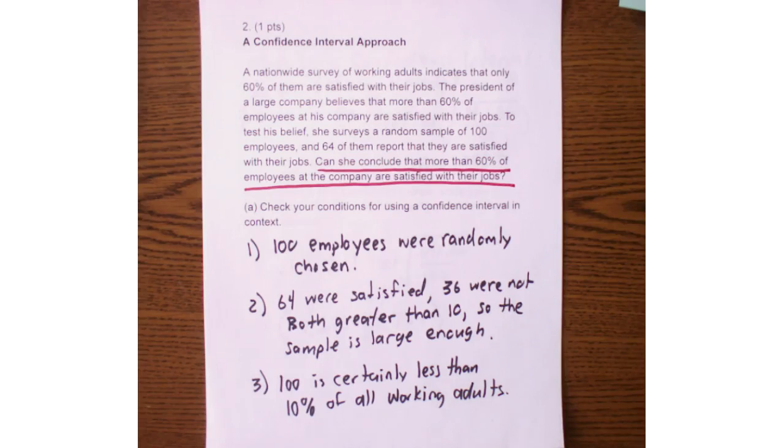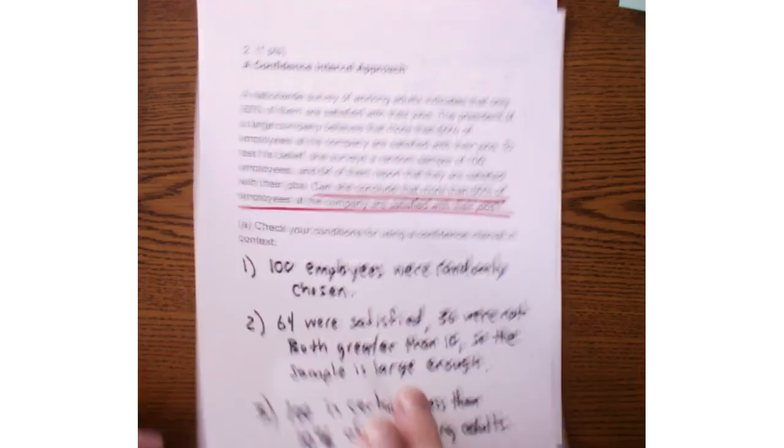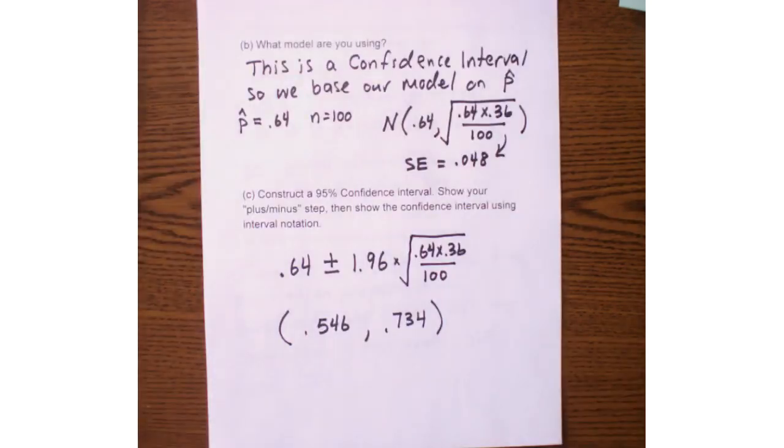And since both of those are greater than 10, our sample is large enough, large enough to use a normal model in this situation. The third condition is we want our sample to be big, but not too big. So 100 is, we're going to assume, less than 10% of all working adults, which is where our 60% population proportion came from. So the conditions seem to check out. Since our conditions check out, we'll continue.